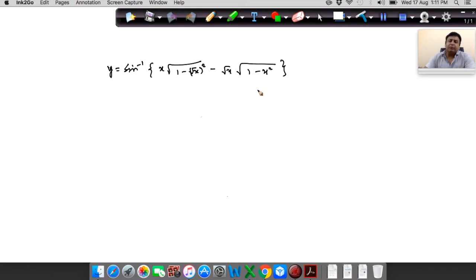So if you see this, this is sine inverse. You can recall a formula. It's sine inverse x under root 1 minus y square minus y under root 1 minus x square. Put x equals sine theta.